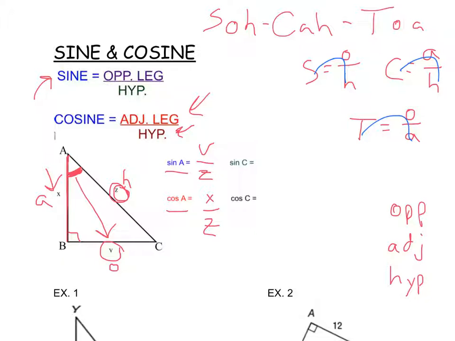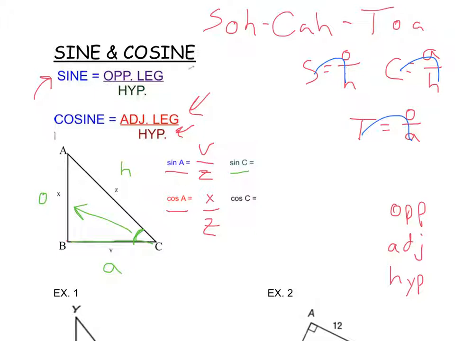Now, let's go ahead and erase that. We'll look at it from a different angle's perspective, and that's going to be angle C. So we're looking for the sine of C. Z is still going to be the hypotenuse, but now X is going to be opposite angle C, so now that segment is the opposite segment, and V is now adjacent.